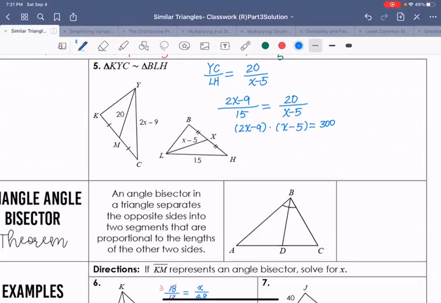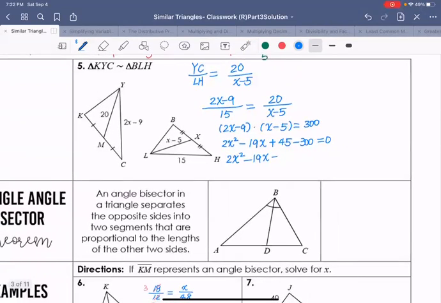That would be 2x to the power of 2, and then negative 19x, and plus 45, minus 255.